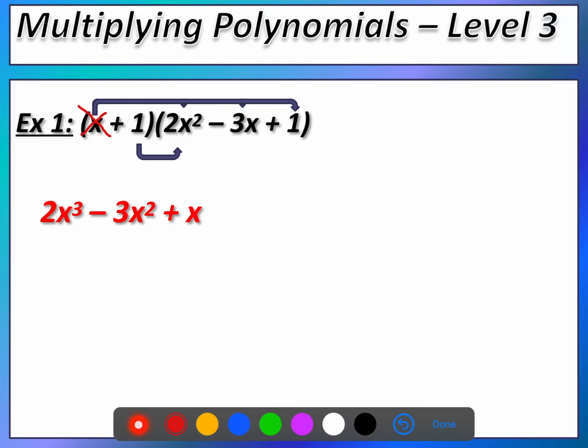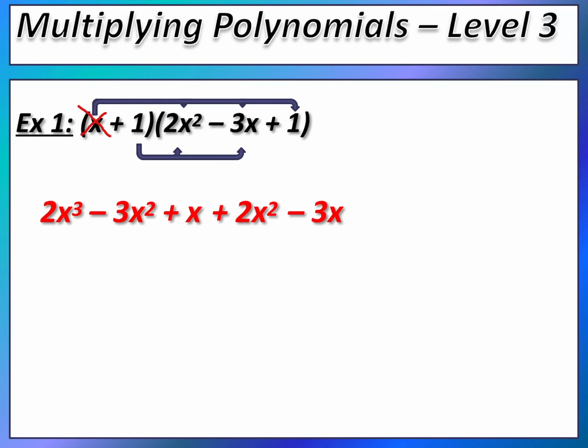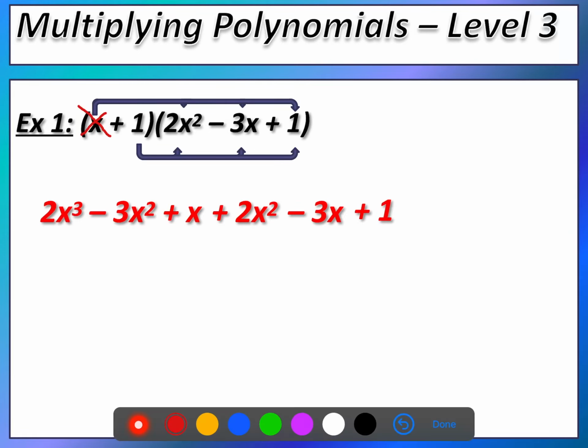Because we're now going to take the second term of our binomial and distribute that to everything in the trinomial. Now this is a very simple one because you're distributing 1 to everything. So we're going to get plus 2x squared minus 3x plus 1. We're going to identify our like terms now.